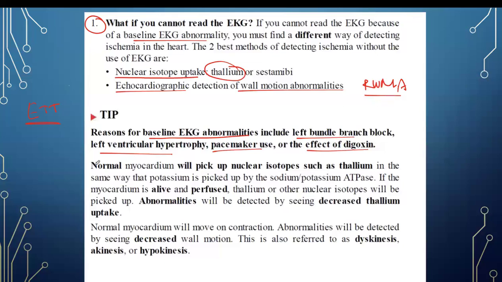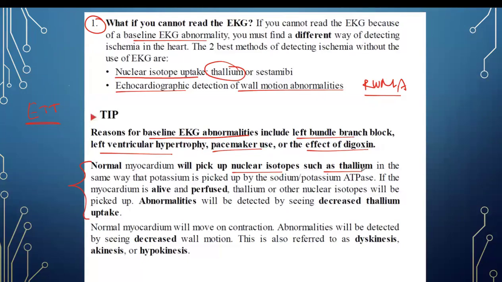So what we actually find out in the nuclear thallium scan is this: you insert a dye and this nuclear isotope, the thallium isotope.